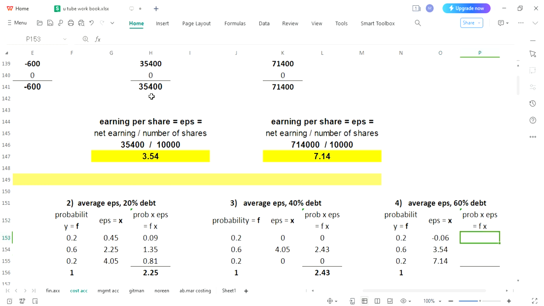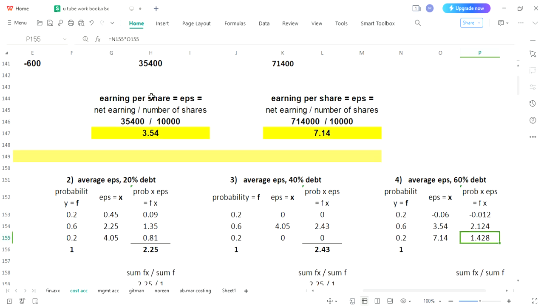Now we will calculate FX, which is the product of probability and EPS. First probability 0.2. To get the product, we need to multiply F and X, multiply EPS minus 0.06. We have got our first FX. For second, probability is 0.6, multiply EPS 3.54, second FX, and third probability is 0.2, 7.14 is your EPS. So we have calculated our column.